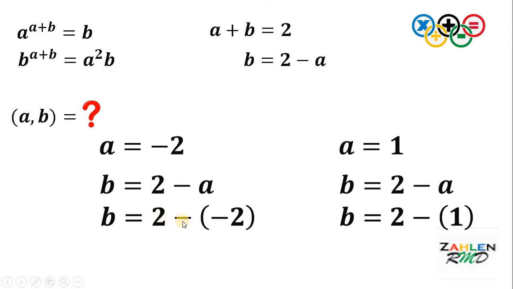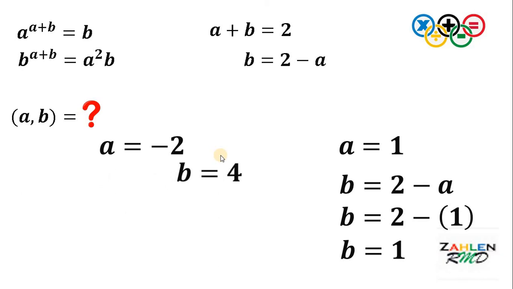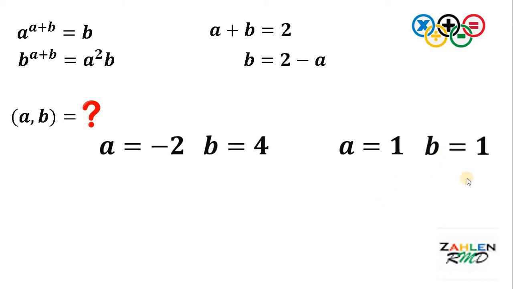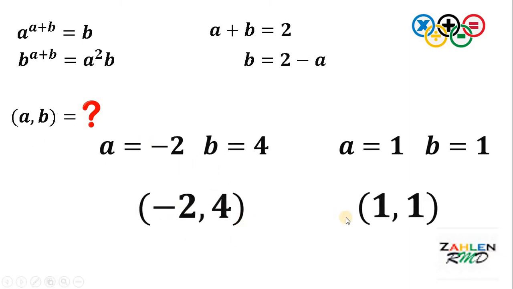Now, 2 minus negative 2 will give us 4 and 2 minus 1 will give us 1. Therefore, if a equals negative 2, b must be equal to 4. And if a equals 1, b must be also equal to 1. Therefore, we have two possible values for a, comma b, namely negative 2, comma 4 and 1, comma 1.